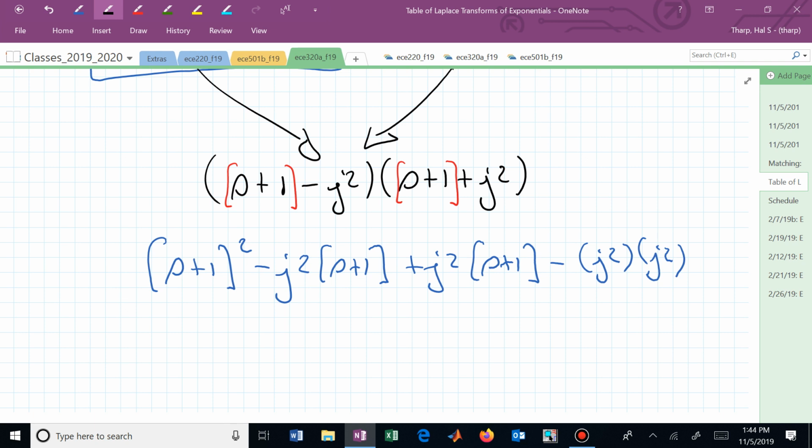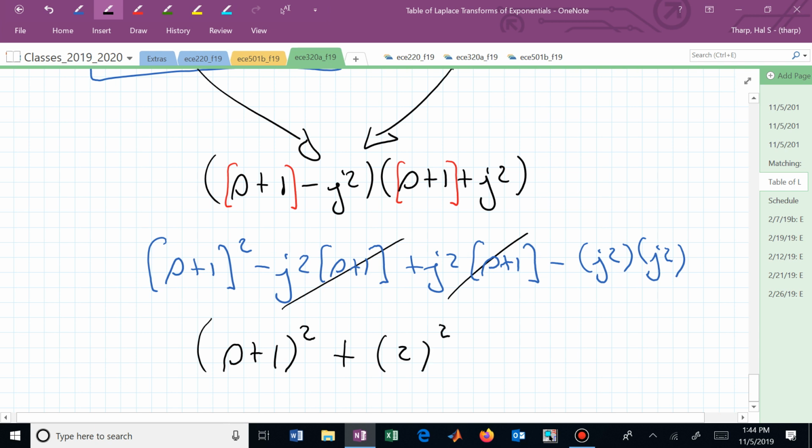Do you see that the inner pieces cancel? Humor me. We now have S plus 1 squared, and j squared is -1. That's why I like to write it in this form. I now can immediately, by inspection, say, oh, that has roots at -1 plus and minus j2. Now you know where that comes from.